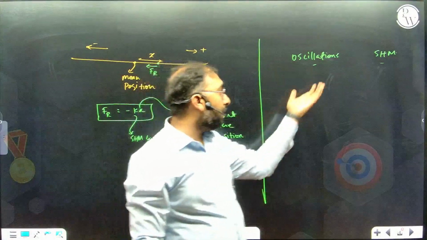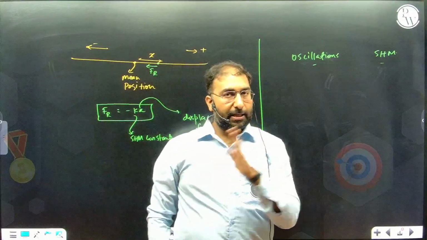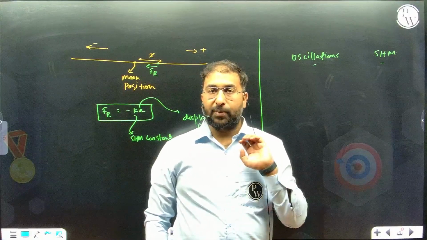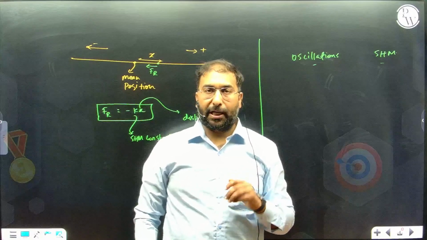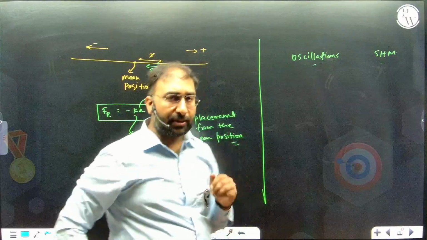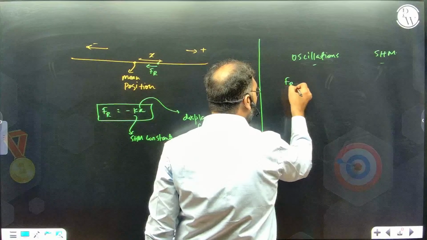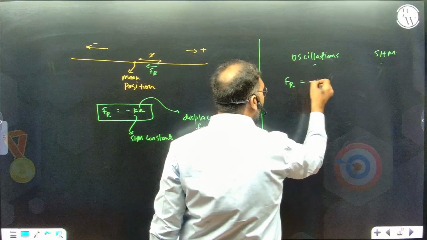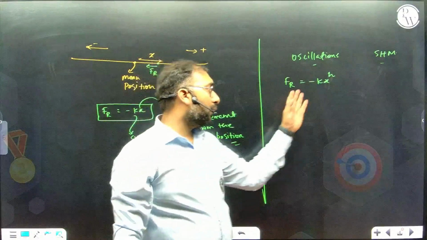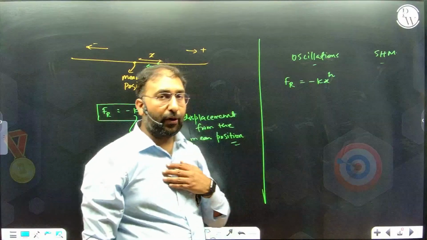In all oscillations, the particle performs to and fro motion about the mean position, so we say the particle is performing oscillations. When the particle is performing oscillations, the restoring force acting on it can be written as minus k into x raised to the power of n.